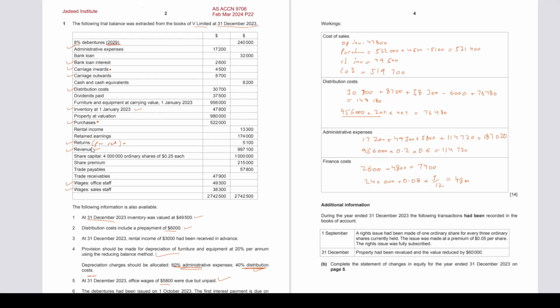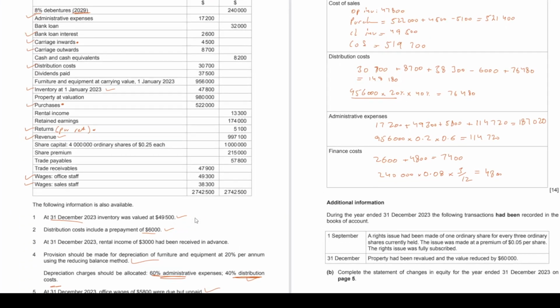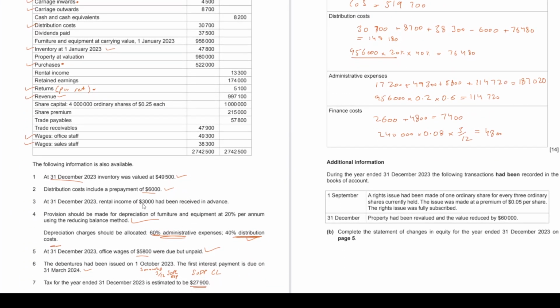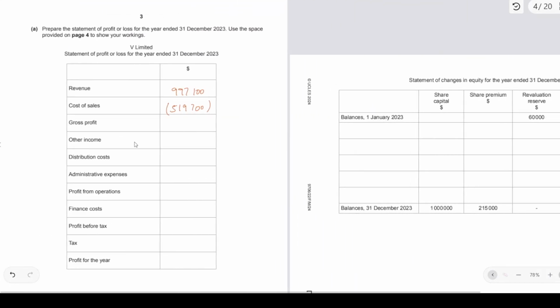So your rental income is 13,300, of which it says 3,000 is received in advance, so that belongs to the next year. So 13,300 minus 3,000 is 10,300.